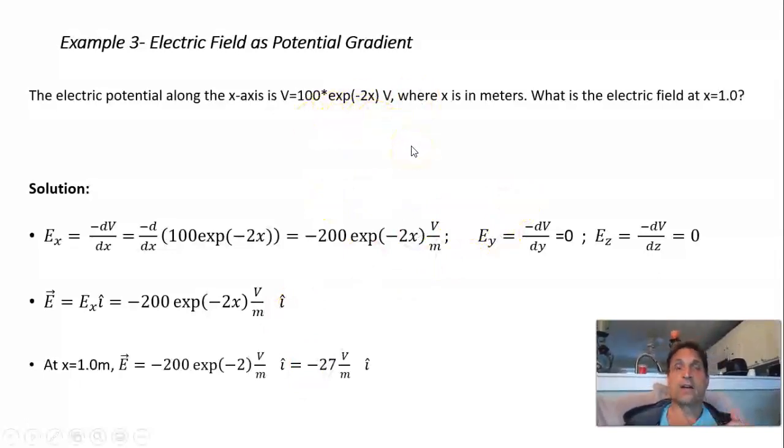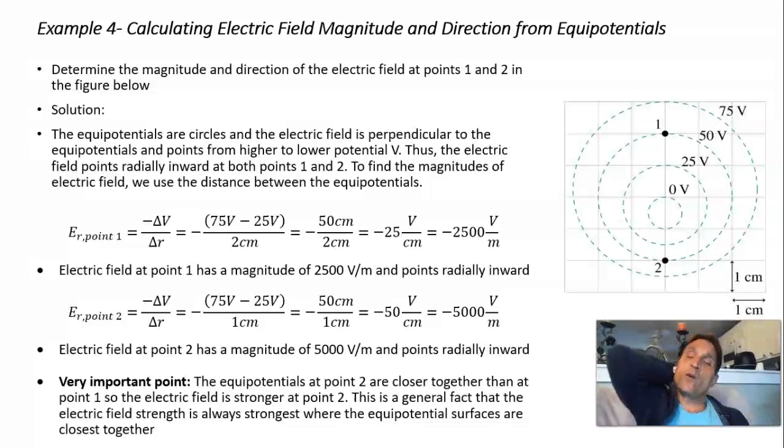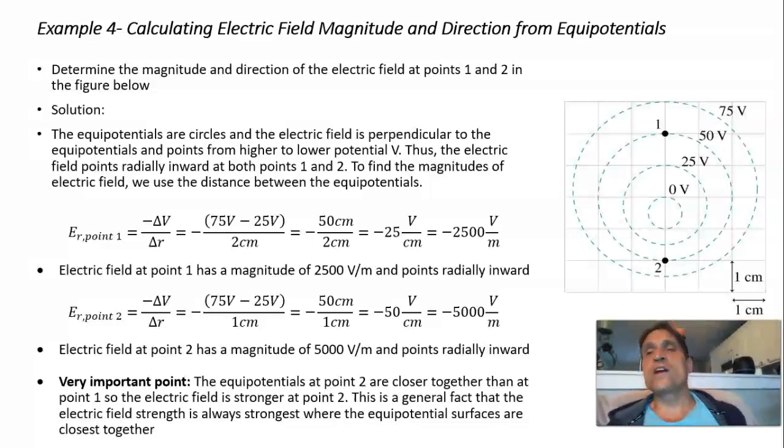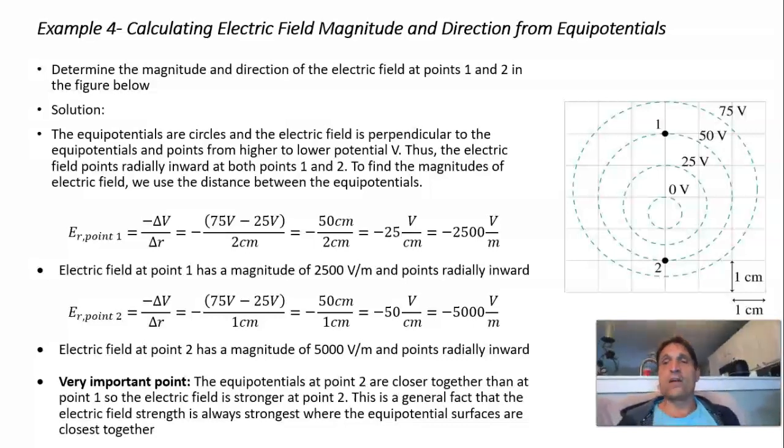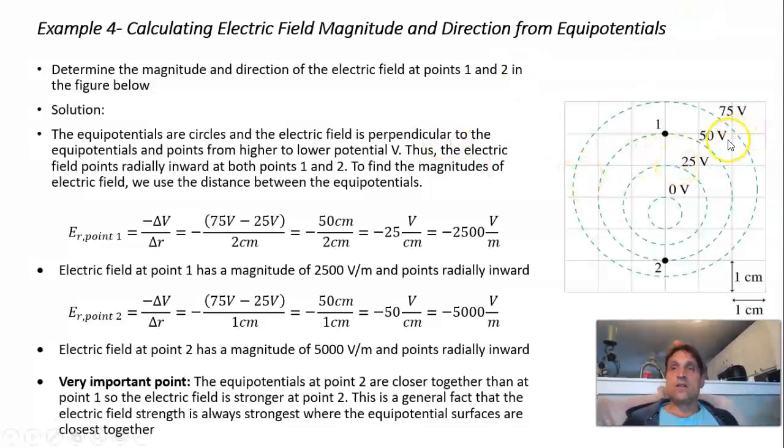Let's do another way of calculating the electric field. Suppose we don't have a mathematical equation, but suppose we're given a plot of the equipotentials. Recall from the last chapter, chapter 25, that these dotted lines are called equipotentials. They're the surface of all the points that have the same voltage.